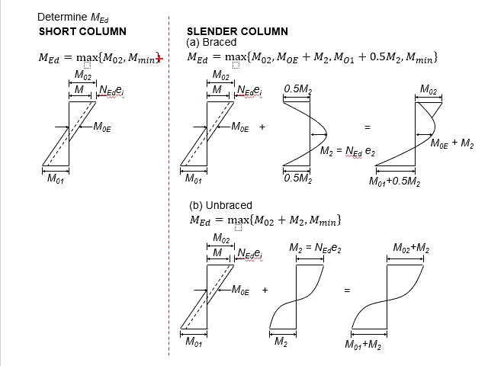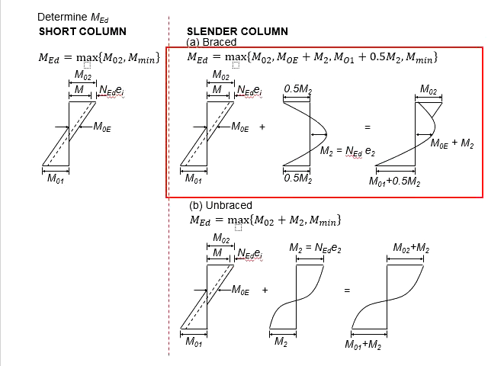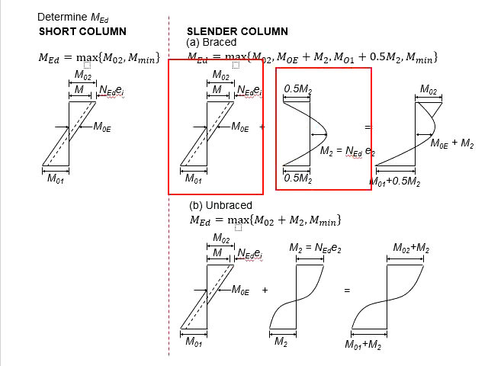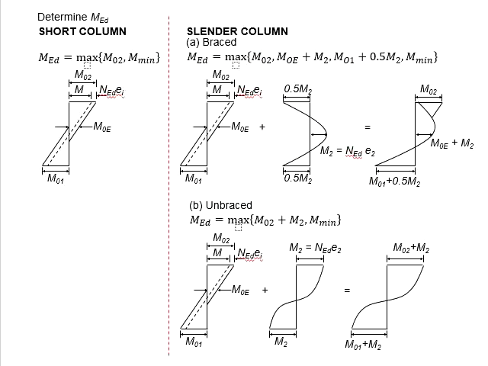Next, you need to refer to the formulas here for the braced slender column. There will be first order moment and second order moment. For the first order moment, you need to determine the M02 and also N0E.